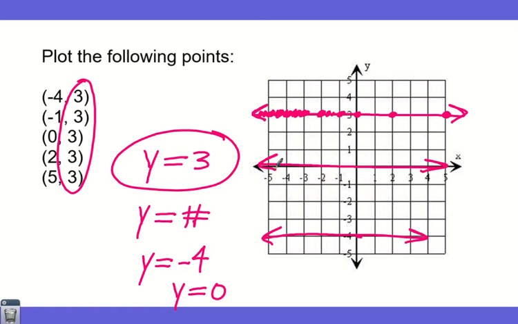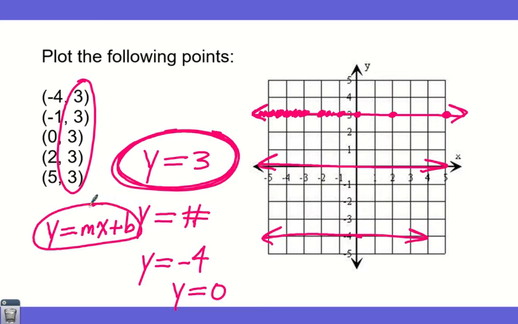By the way, just as a side note, this type of equation for horizontal lines actually does turn out to be in y equals mx plus b form. Let's highlight this line again. Does this horizontal line have a b value? Does it have a y-intercept?